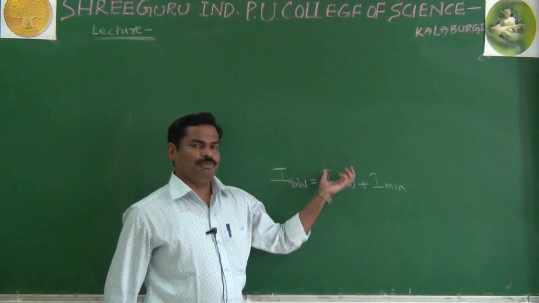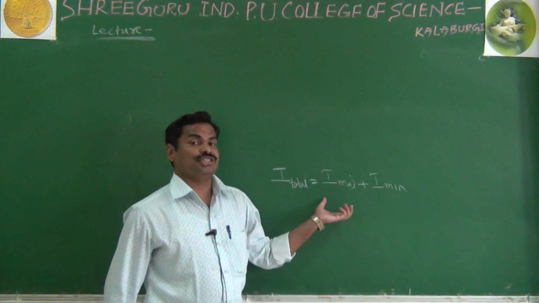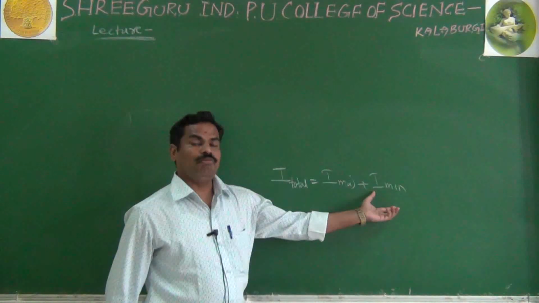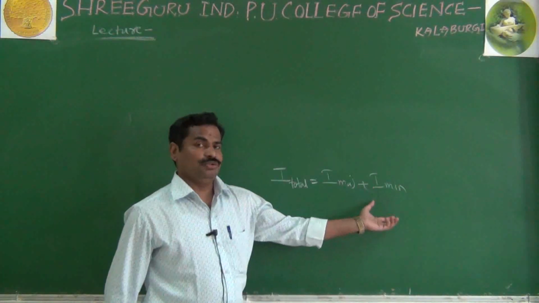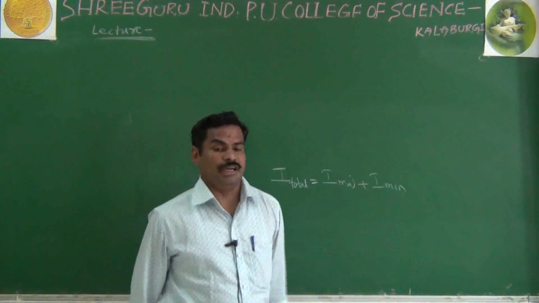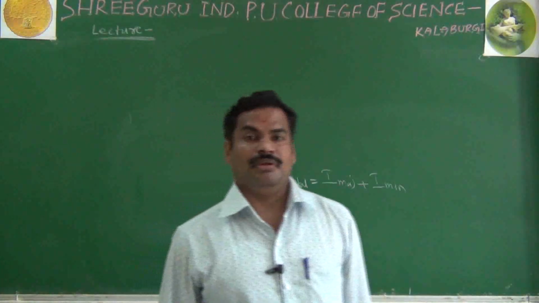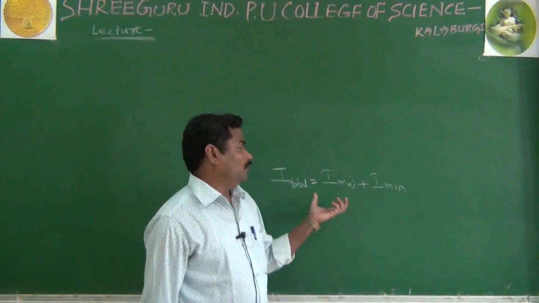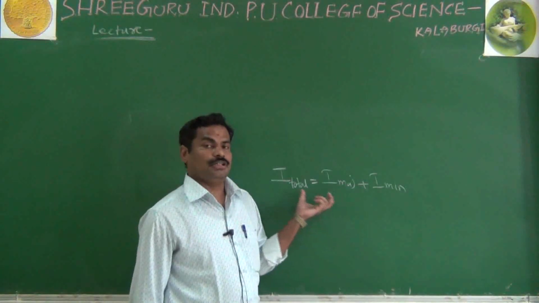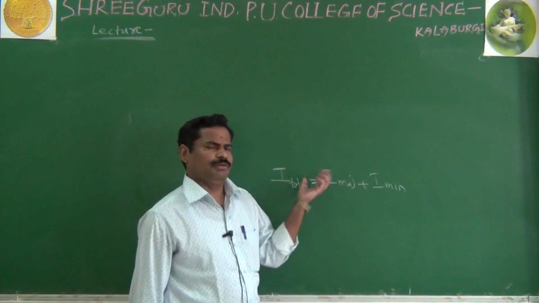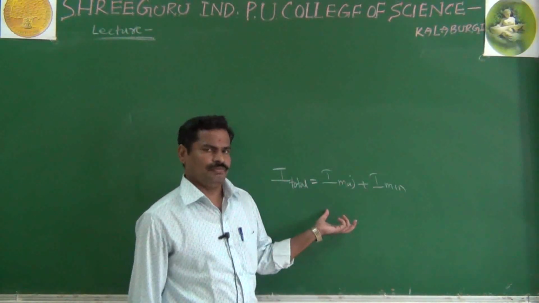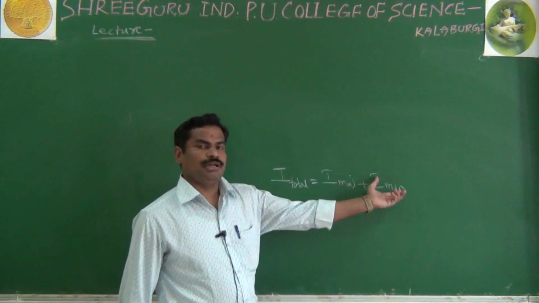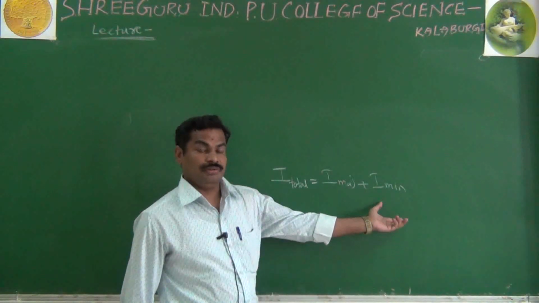We give more importance to the majority carrier current. And where do you get the minority current? The majority current is because of the forward bias, whether in a transistor or a diode, but the minority current is because of the reverse bias.